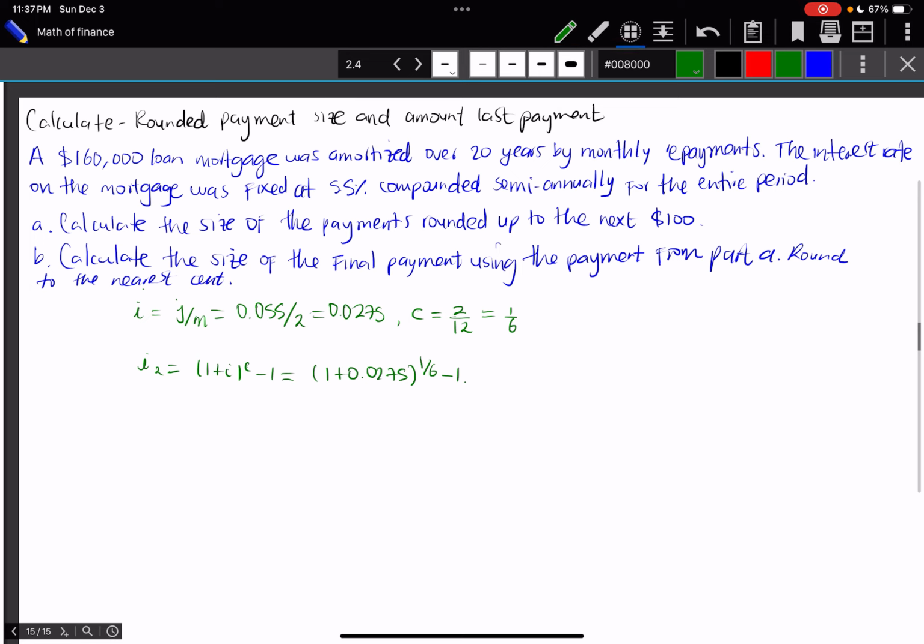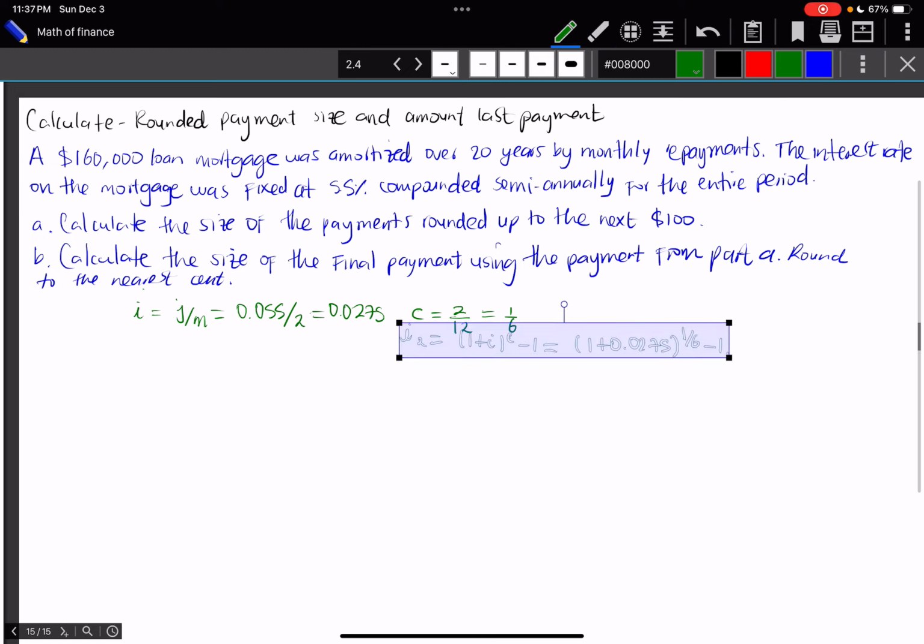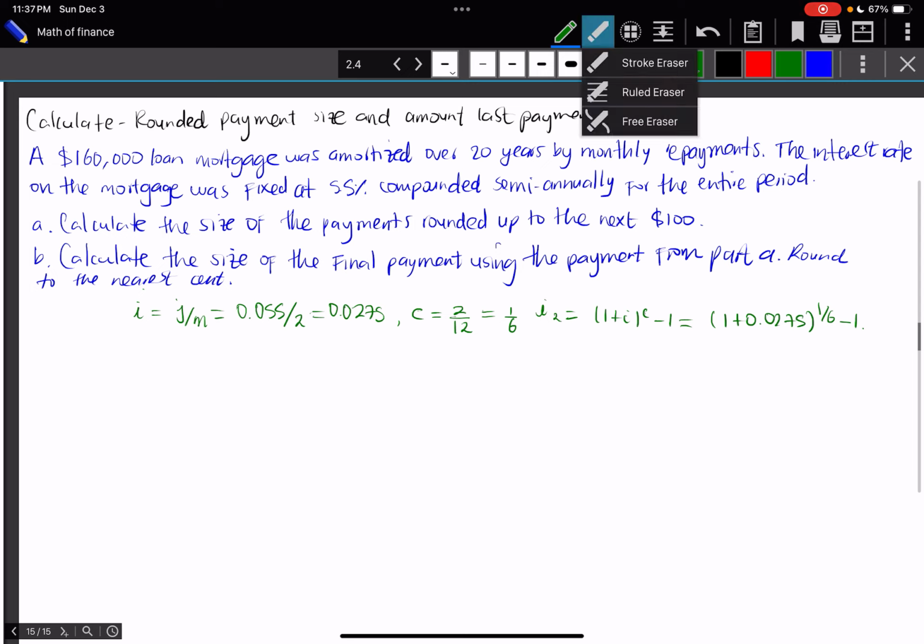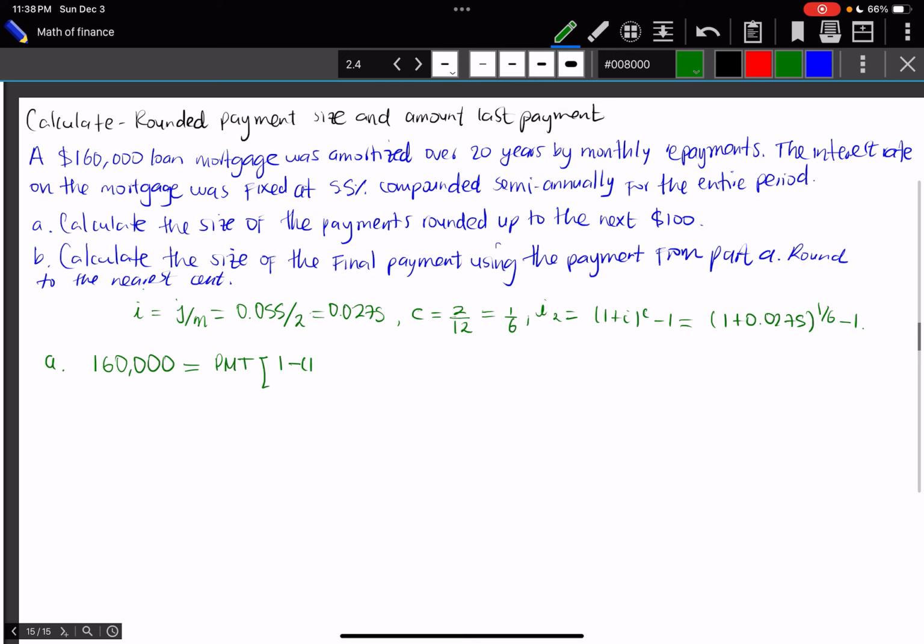Now to work with Part A, to calculate the size of the payments rounded up to the next $100, we make the present value of the loan equal to the payment size multiplied by (1 minus (1 plus I2) to the negative 240) divided by I2.